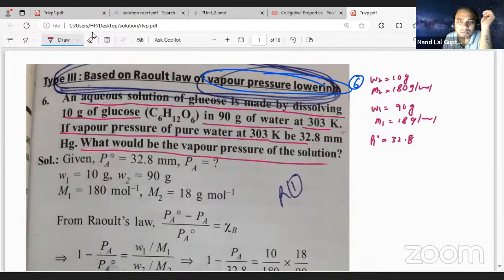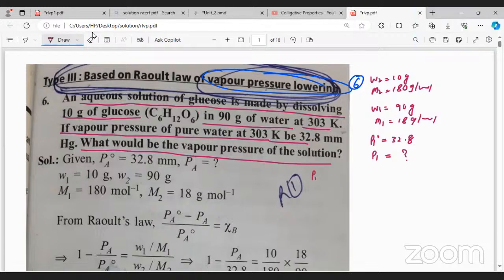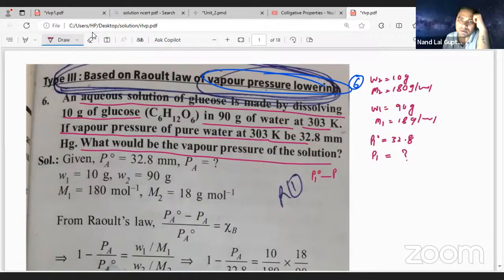What should be the vapor pressure of the solution? So they are asking P1. Can I do this? Yes, sir. P1 naught minus P1 upon P1 naught is equal to W2 into M1 divided by M2 into W1. So P1 naught is how much?